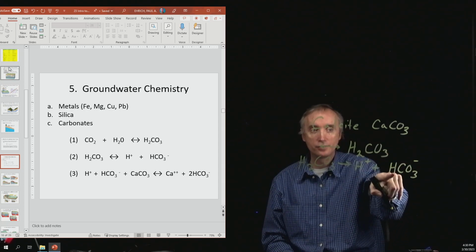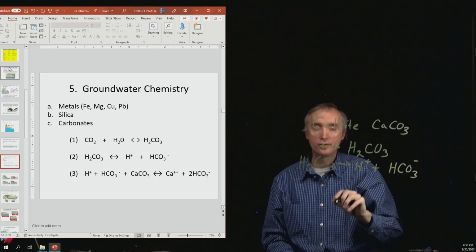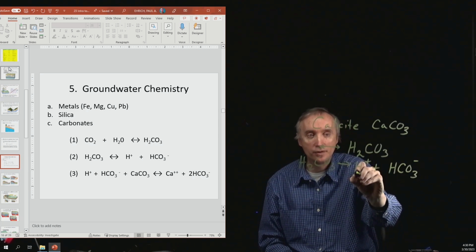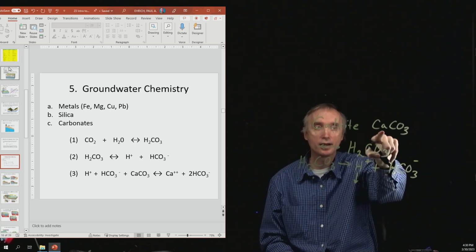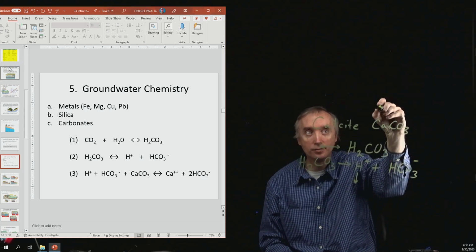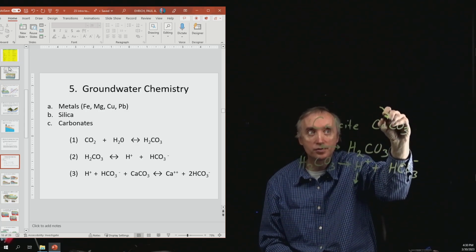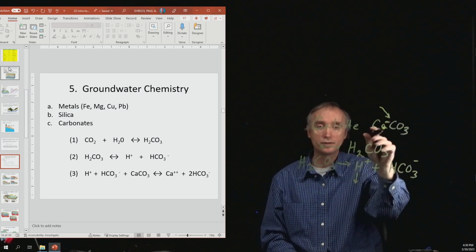Then this hydrogen can also come off as well. But what's going to happen to this hydrogen is it's going to attack the calcium carbonate. And so the hydrogen's going to come in, and it's going to disrupt the bond that's holding that calcium onto that carbonate.